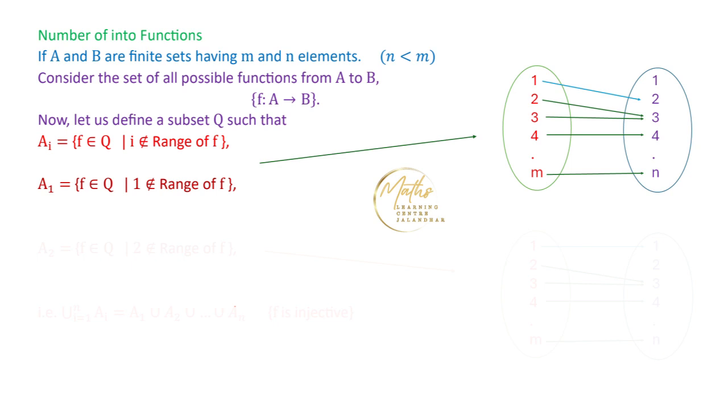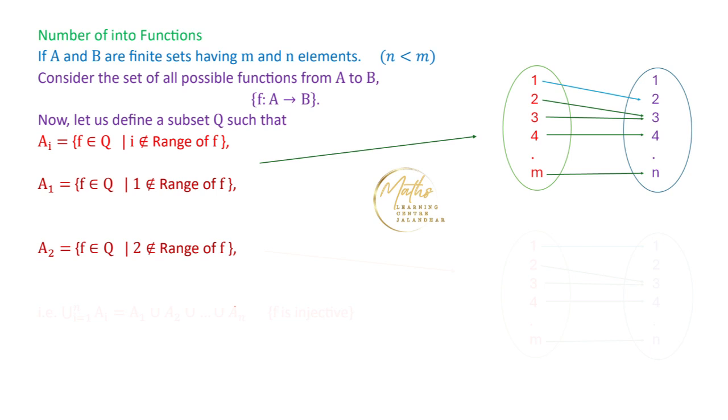So f belongs to Q such that 1 does not belong to the range of f. This represents the set A1. It is the collection of functions for which 1 is not an image of any element of the set A. Similarly, A2 is equal to f belongs to Q, consisting of those functions f for which 2 is not in the range of f.